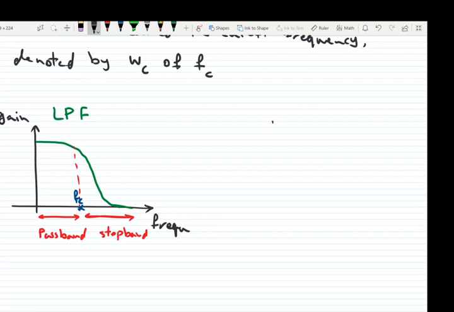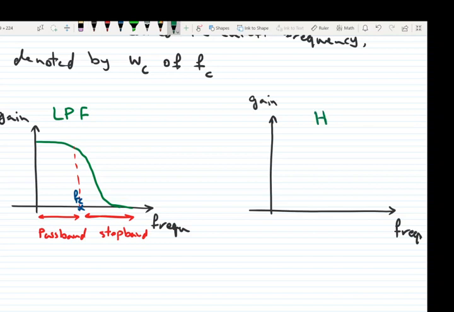The next filter we are going to learn is high pass filter. What is high pass filter? High pass filter allows frequencies higher than the cutoff frequency to move through the circuit.